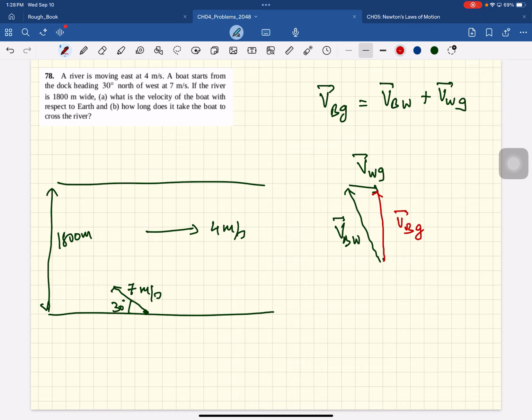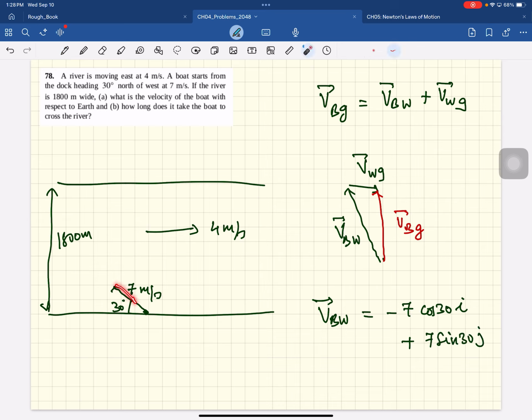Okay. So now, of course, when we want to add vectors, what is it that you want to do? You want to write those velocities in component form. The boat with respect to water is -7 cosine 30 i plus 7 sine 30 j.